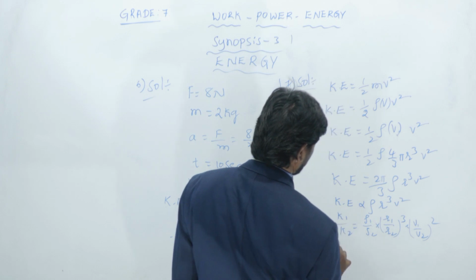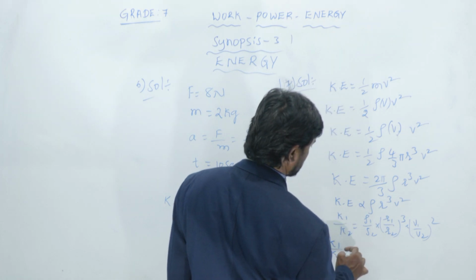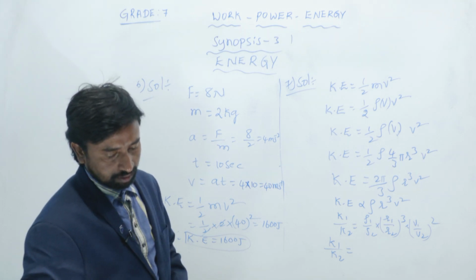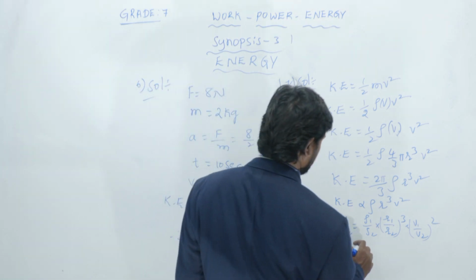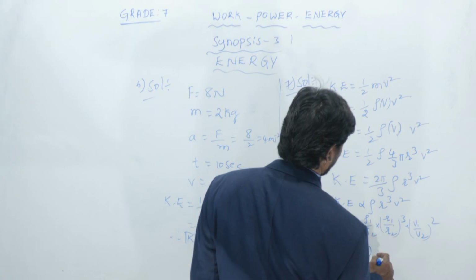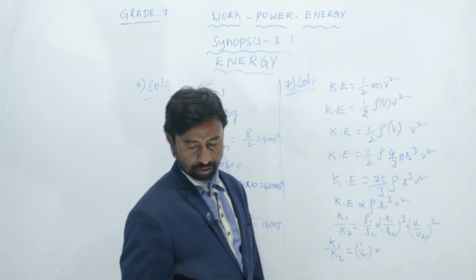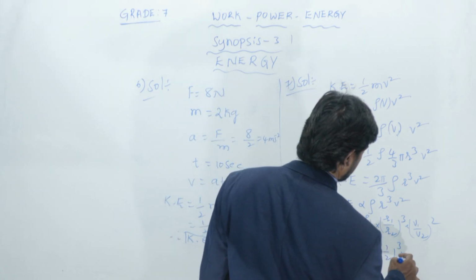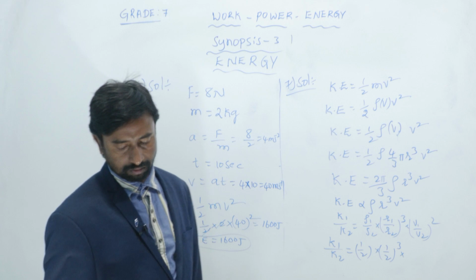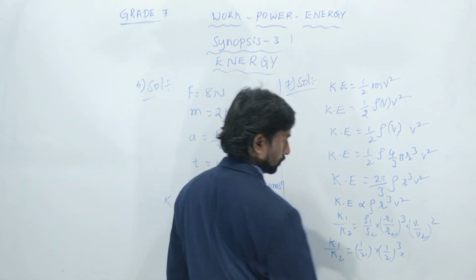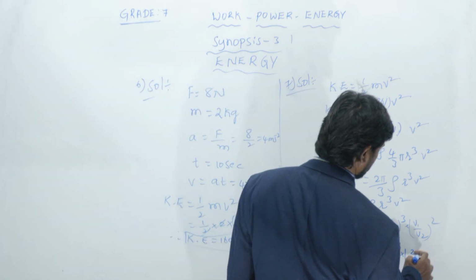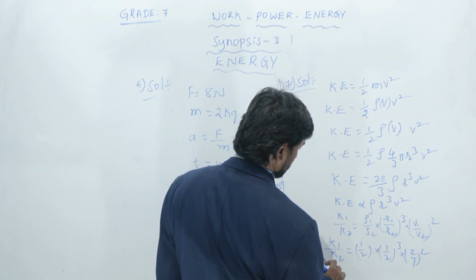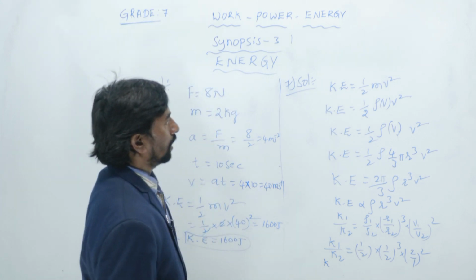Densities are in the ratio 1 is to 2, so 1 by 2. The radii are also in the ratio 1 is to 2, so 1 by 2 whole cube. Velocities are in the ratio 2 is to 1, so 2 by 1 whole square. So what will happen now? I will work out the kinetic energy here.